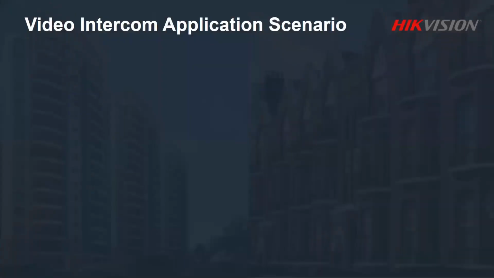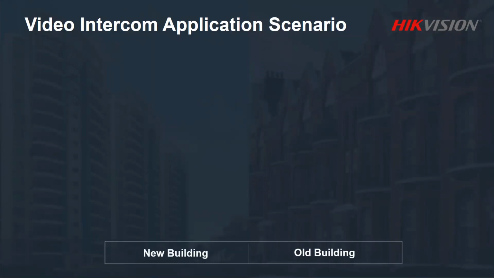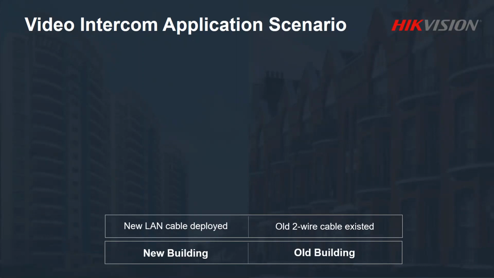So maybe you're wondering, when do I need to use the two-wire IP system? When do I need to use the IP system? It basically depends on the scenario. There are new building scenarios and old building scenarios. For the new building, of course, we can deploy new network cables in the system.